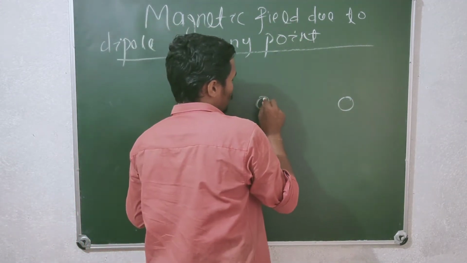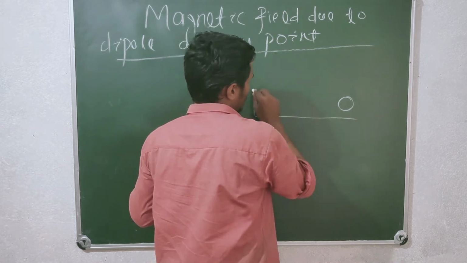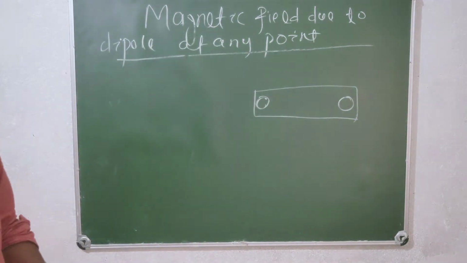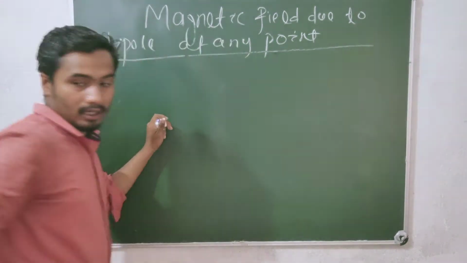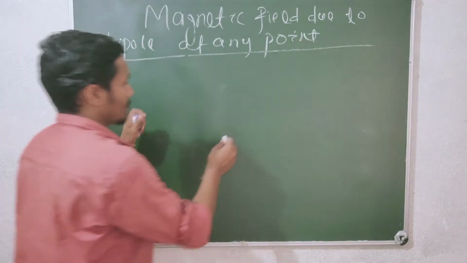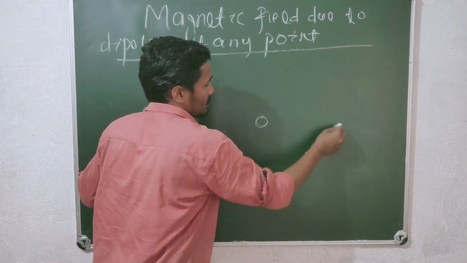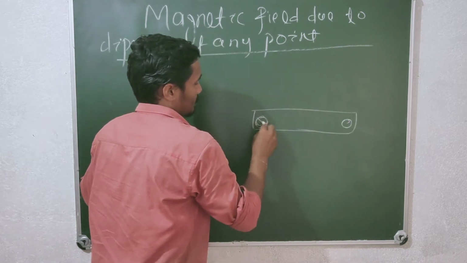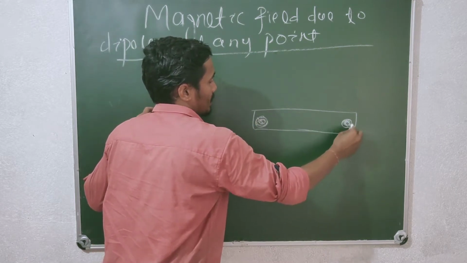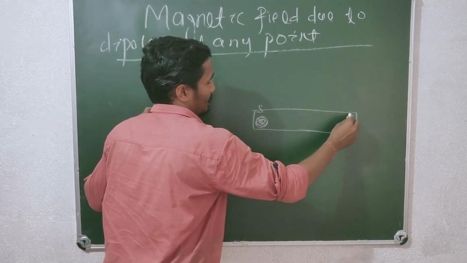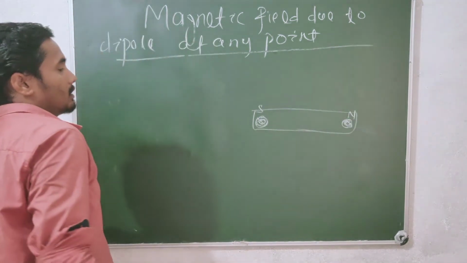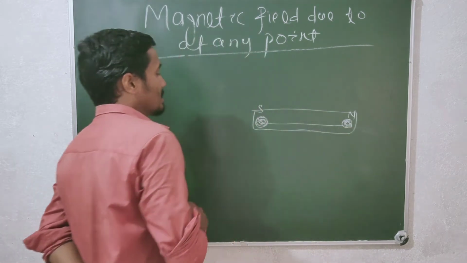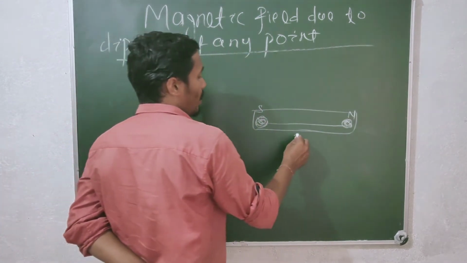Let these be the two poles of a bar magnet. Let's draw the figure again clearly. Now look at the figure. Let this pole be the south pole and the other the north pole, and the two poles are separated by a small distance 2a.